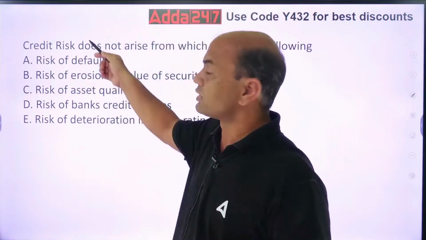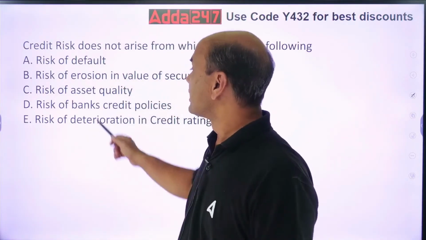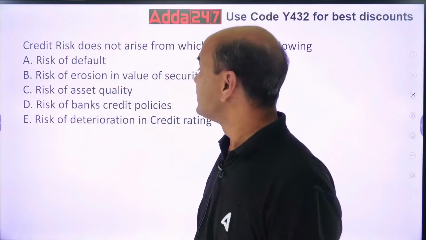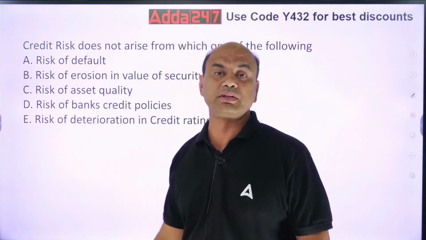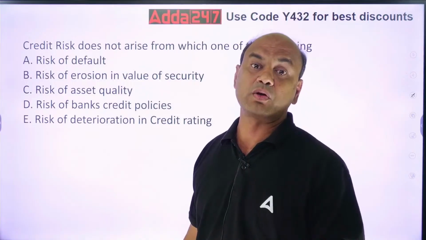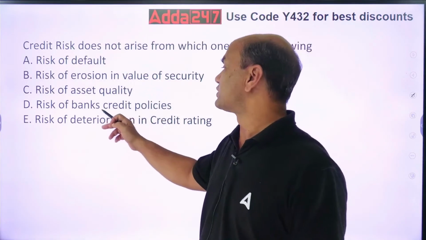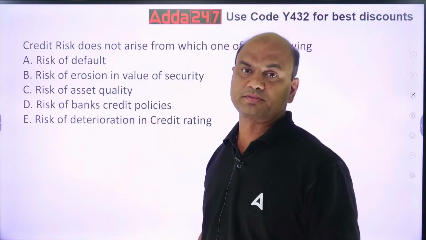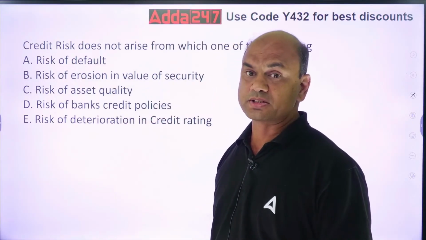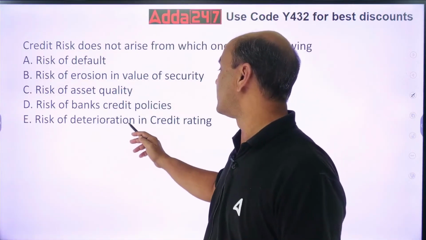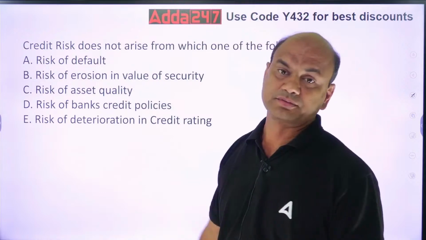So that is the risk of credit. Risk of asset quality: suppose if the assets go on deteriorating, then there is a problem. Risk of banks' credit policies means banks' own policies, and risk of deterioration in the credit rating.